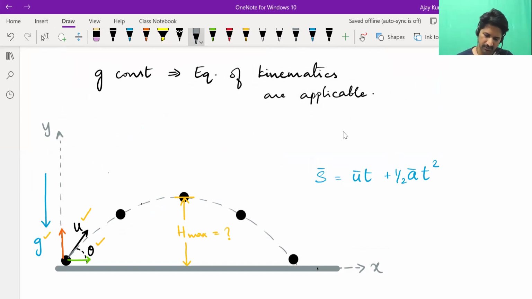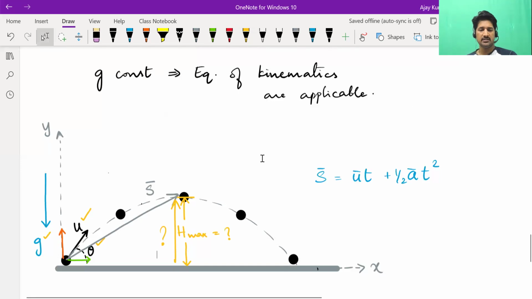The actual displacement, we had visualized it just before also. It is from the initial position to this position. But maximum height, don't you think it's the y component of that displacement? Yes or no? Is Hmax the y component of its displacement from the point of projection to that point or not?